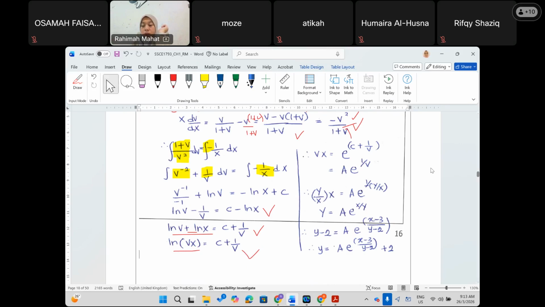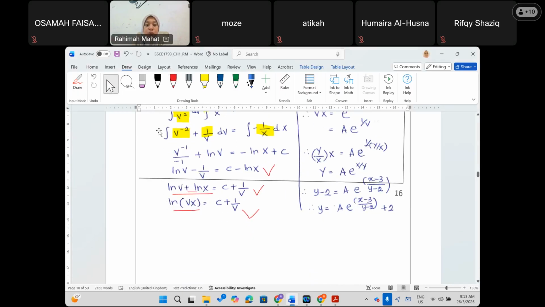Another property is if you want to eliminate the ln here, you can use the exponent. So you can exponent all the equation here because we want to eliminate the ln. So you can write exponent ln vx equal to exponent c plus 1 over v.